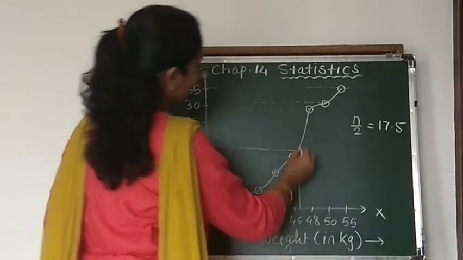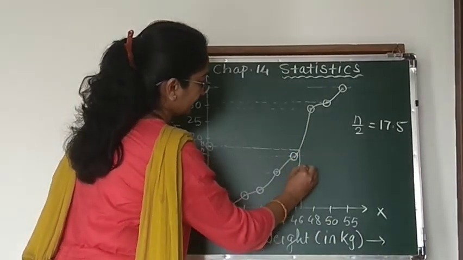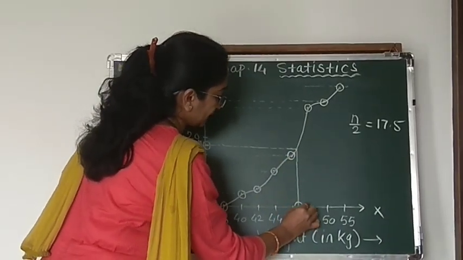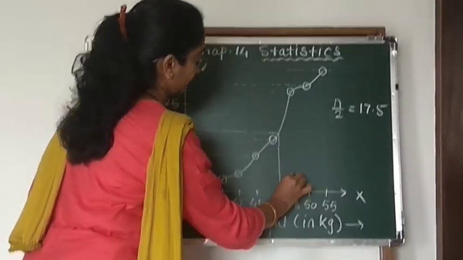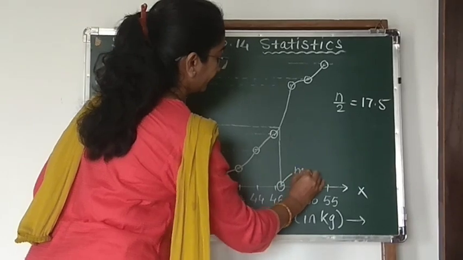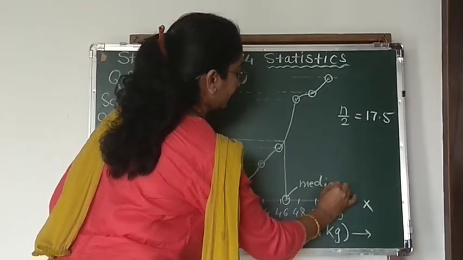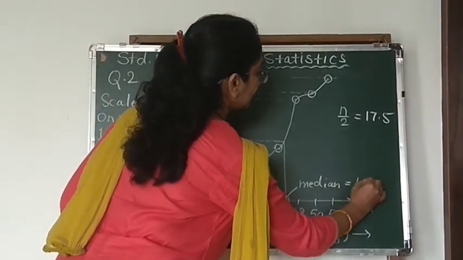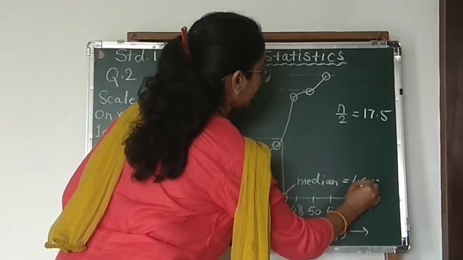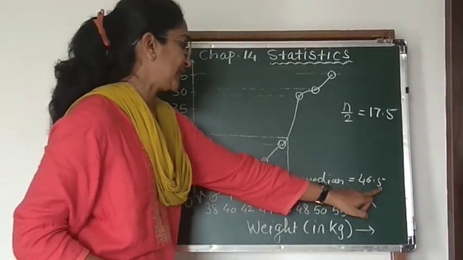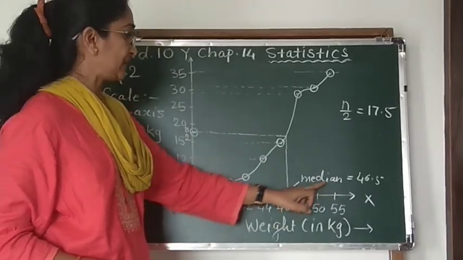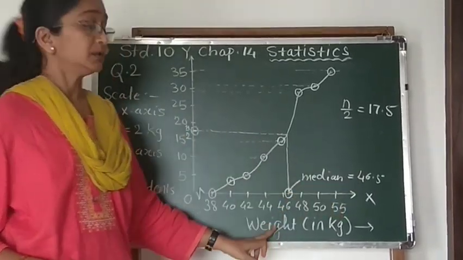Now where this line meets the x-axis, this point is your median. So this median is equal to 46.5. You can find from the graph paper, you will get 46.5. So this is our median from the graph.